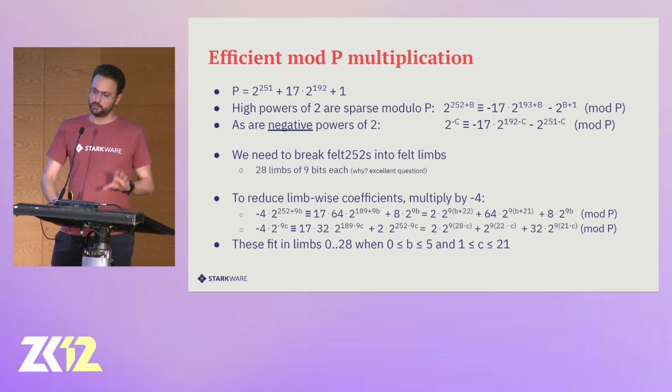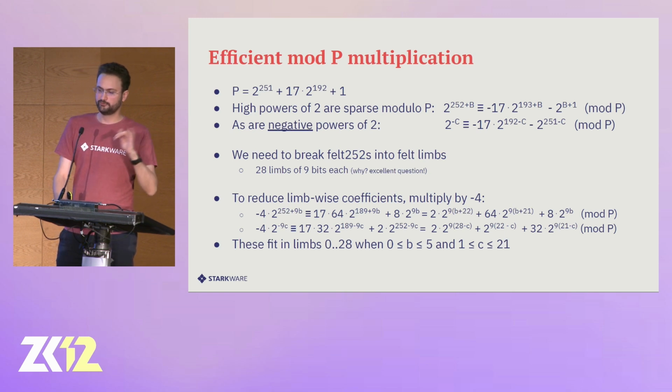And we want to make sure that the coefficients that we get here in terms of these limbs are small, and for that we multiply by minus 4. So after multiplying by minus 4, we write everything down now in terms of this radix of 2 to the 9, so all of the exponents that you see in these 2 lines are divisible by 9. 189 is divisible by 9, is the statement.